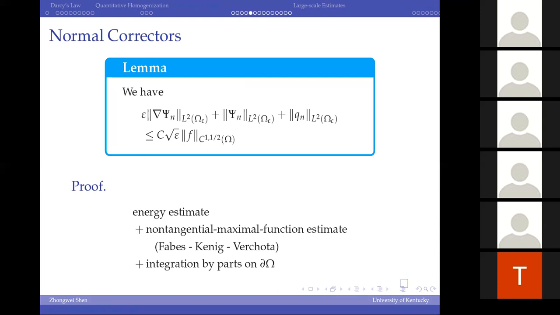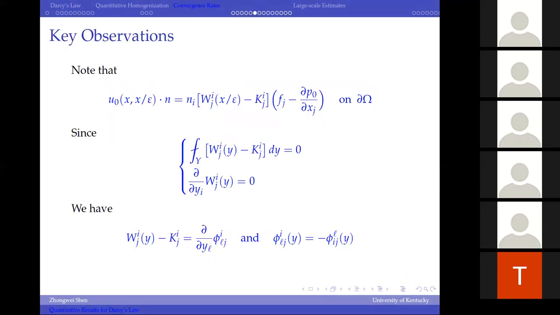Okay. All right. So here is the key observation for the proof of this lemma. We look at U0 dot n, the normal components of the discrepancy, and we use the boundary condition in the Darcy law, so as to subtract the average of the corrector, which is denoted by capital Kij.